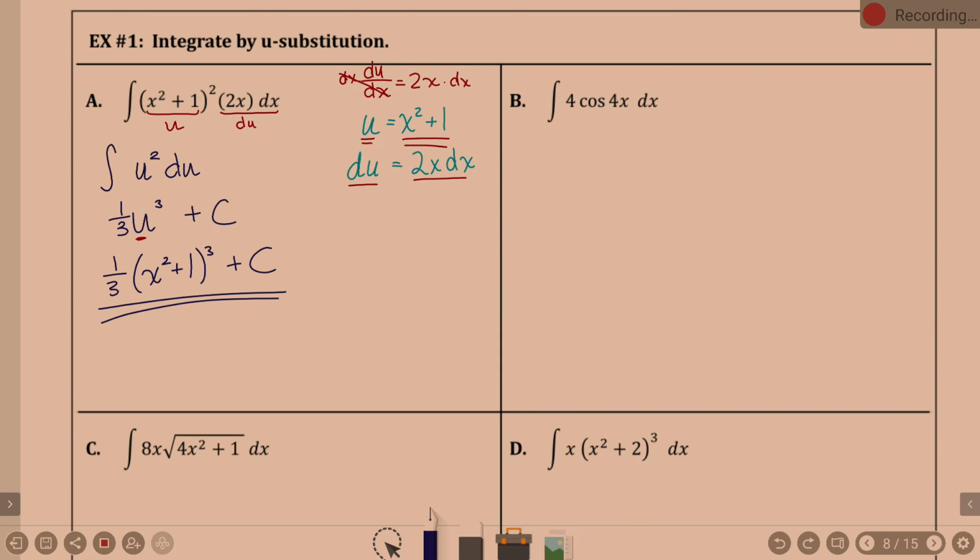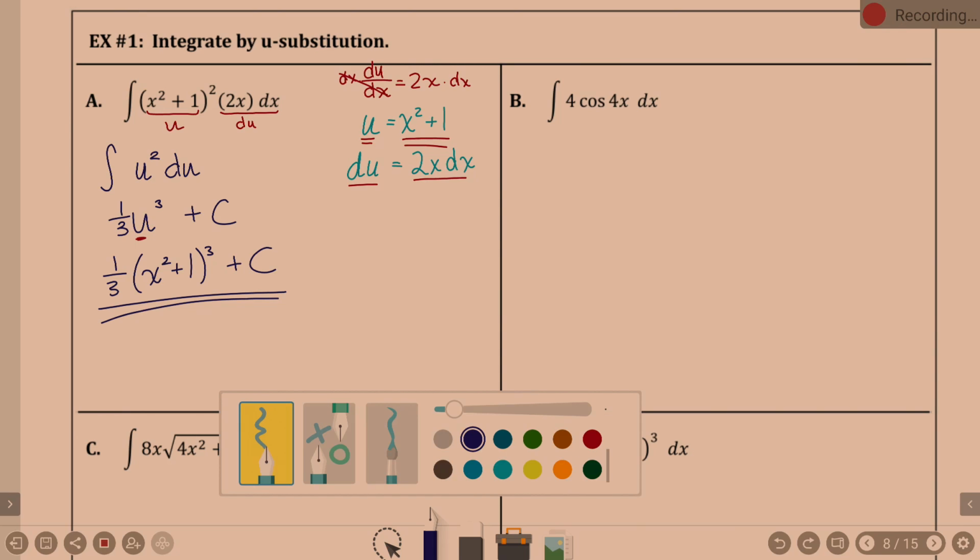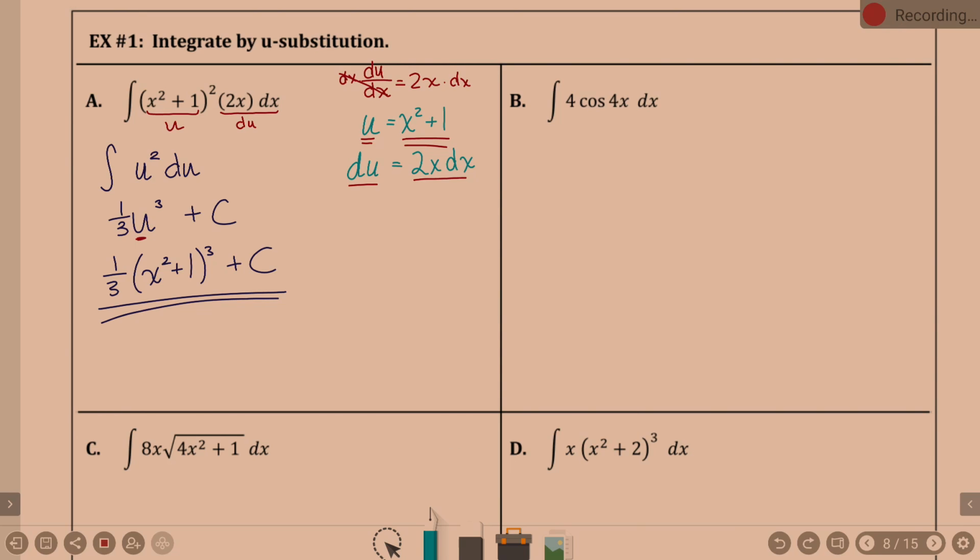And half the battle here is what do we want to substitute in. Integral of 4 cosine 4x dx. If you do 4 cosine, it has to be 4 cosine 4x, and that's the whole thing.